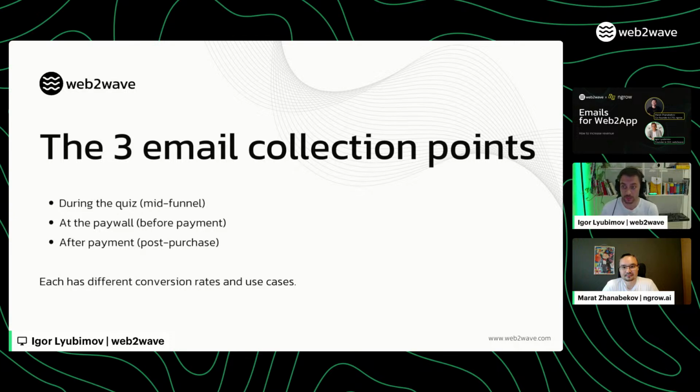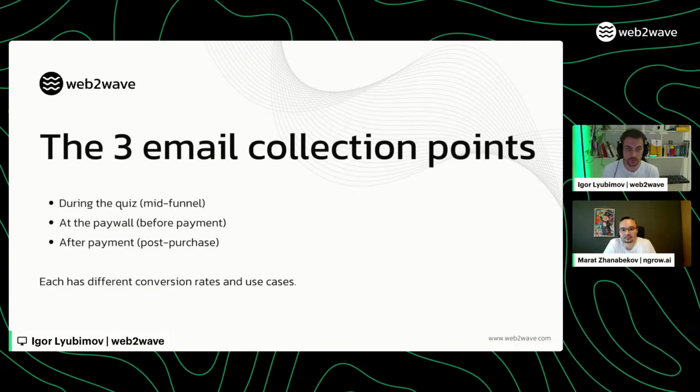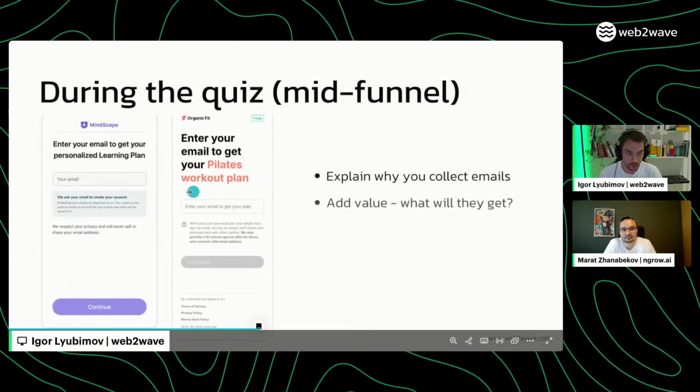At first, you can collect them in the quiz, at the end of the quiz. The second option is to collect them on the paywall, in the payment form, or through Apple Pay and other payment methods that do have emails. And you can also skip the email collection and ask users for their email only after the payment. With that, you will not have any drop-offs on the email collection, but you will not be able to warm up the user to the purchase.